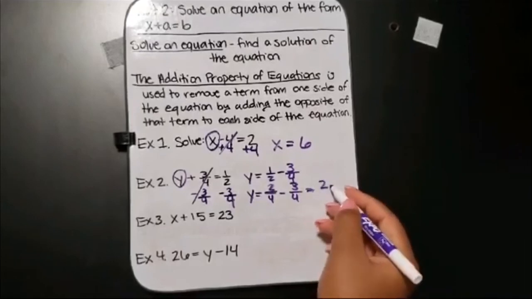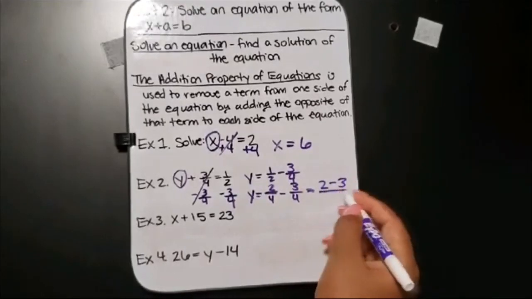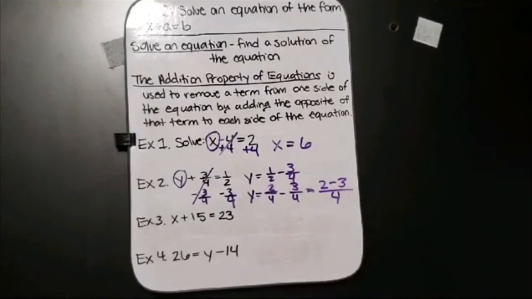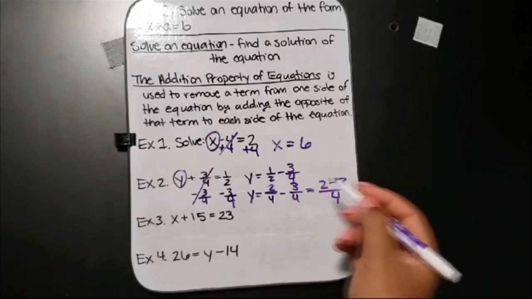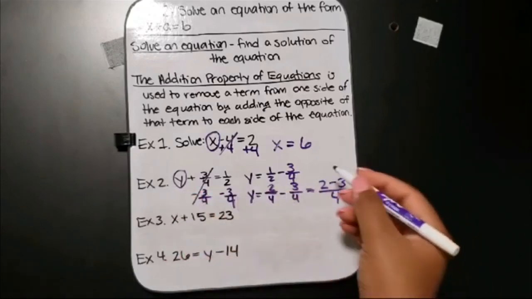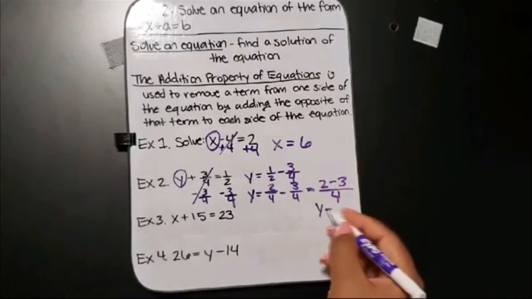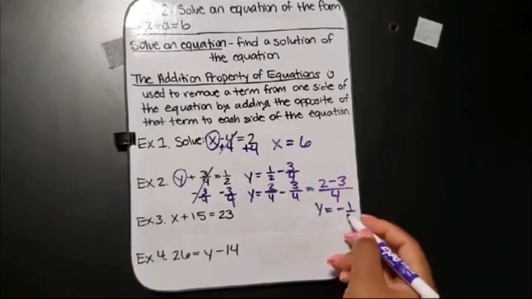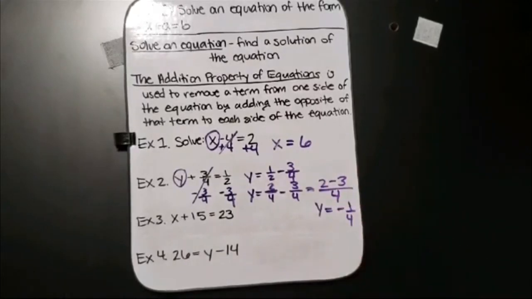So now we basically have 2 minus 3 over 4, which is -1/4. So for example 2, y equals -1/4. So with the fractions, of course, it's a few more steps, but it's still doable.